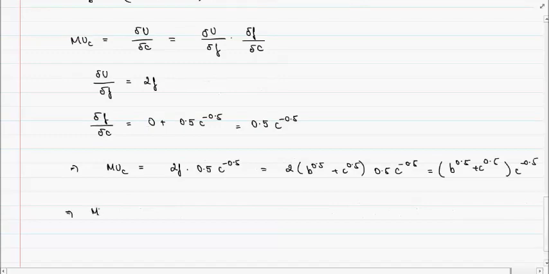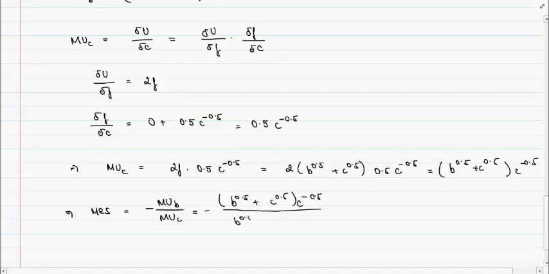From here we should be able to find the marginal rate of substitution, straightforward. That is negative b^0.5 plus c^0.5, everything times c^-0.5, divided by b^0.5 plus c^0.5, times b^-0.5.